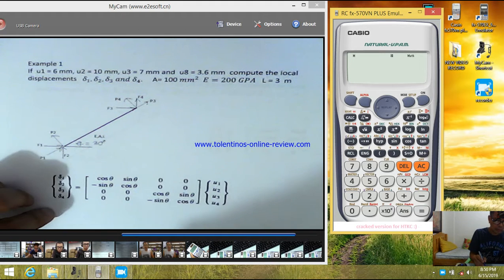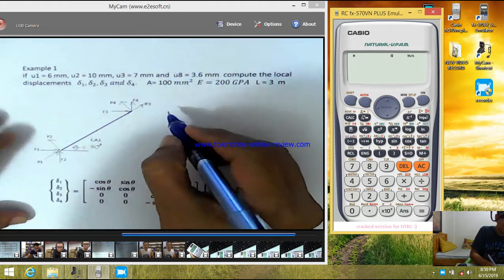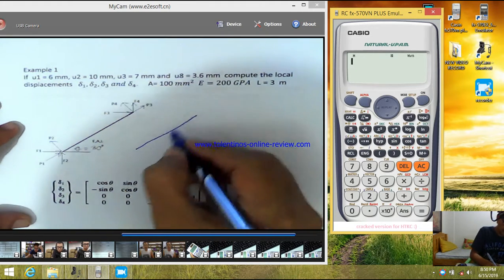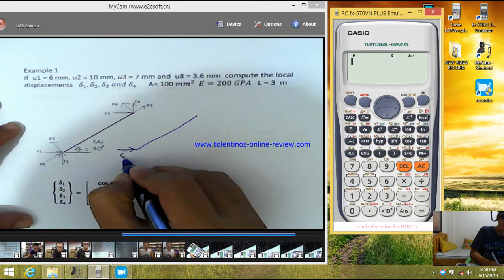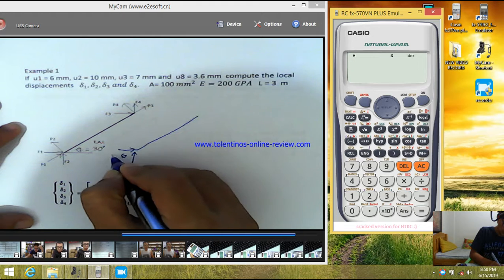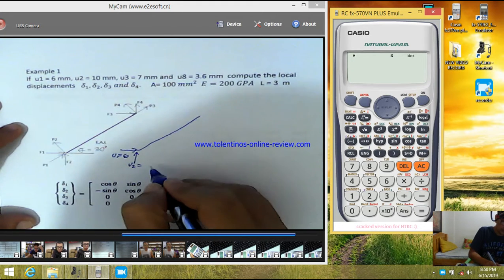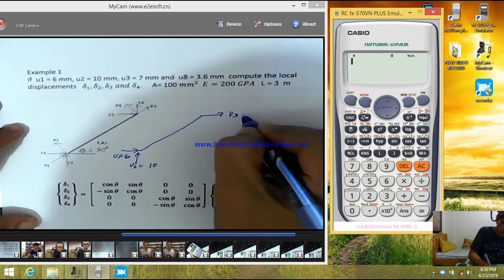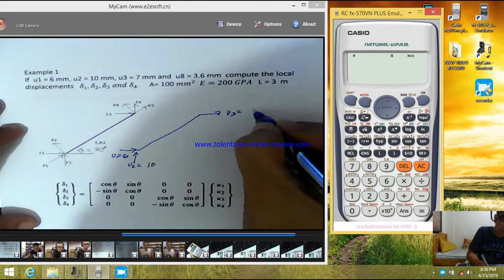So, actually, okay, we're looking for what? If this is the force, and this is the element, this is our U1, which is 6. Our U2 is 10. And then our U3 is 7.